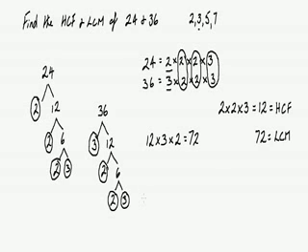So I urge you strongly to learn your multiplication tables. This is how we would find the highest common factor and the lowest common multiple of two numbers. You would only be asked to find the HCF and the LCM of two numbers.